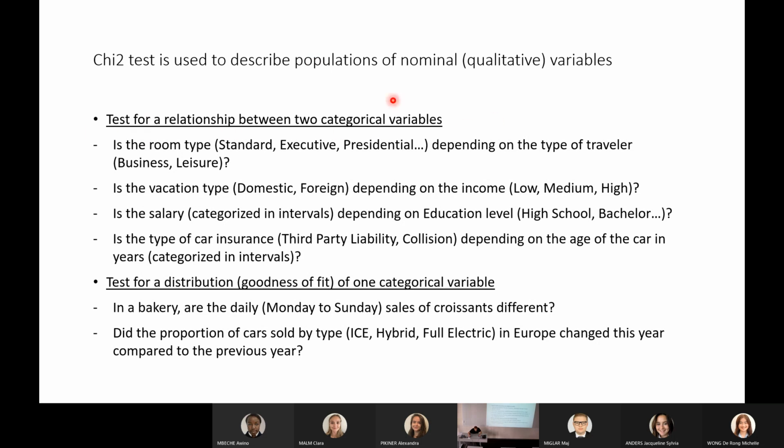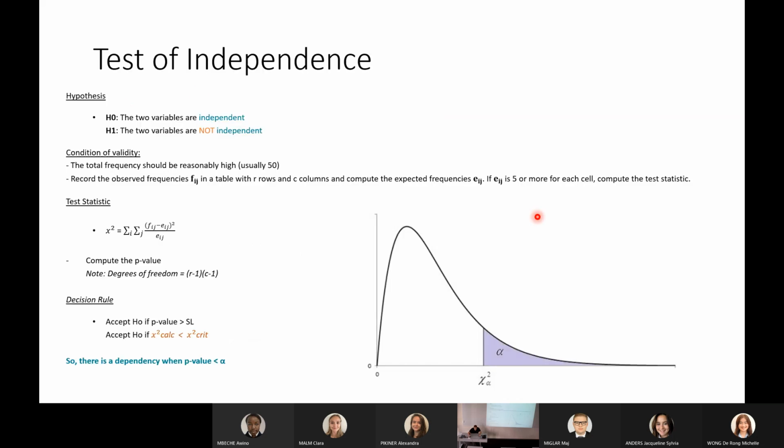We have a first test for a relationship between two categorical variables, and the test for a distribution, so goodness of fit for one categorical variable. Let me remind you that the goodness of fit is not required to know how to run for the exam. For the other one, you only need to know the theoretical aspect; they might ask something from the theoretical aspect, but the calculation is not required for the exam.